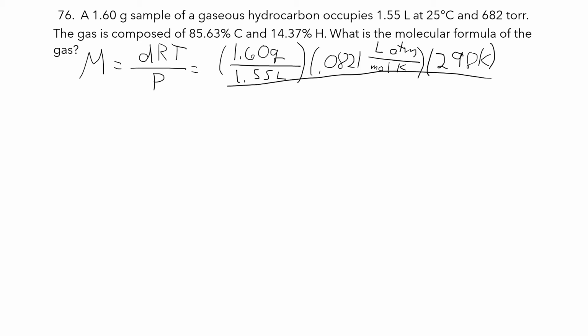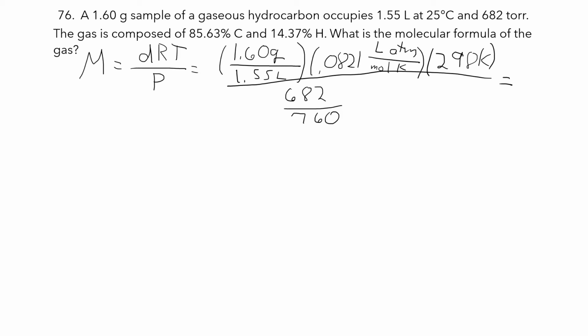And all of that is divided by our pressure of 682 torr, but this needs to be in terms of atmospheres, so I'm going to divide that by 760 to be that conversion. All right, you may want to do some of these calculations in parts.